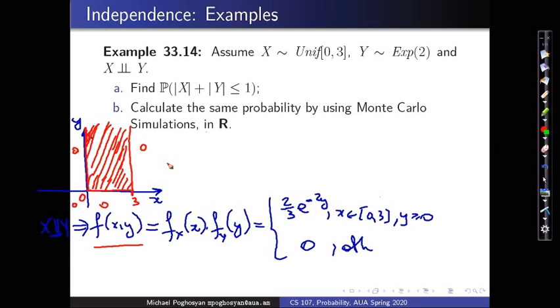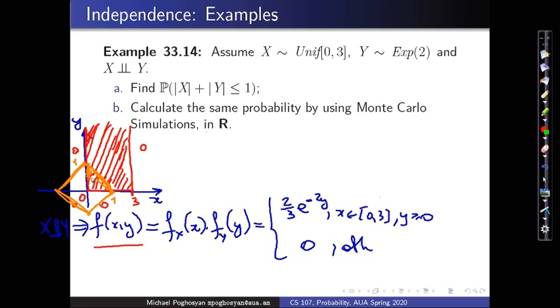Now we are asked to calculate the probability that absolute value of X plus absolute value of Y is less or equal than 1. That will be this kind of region. If we take 1 here, 1 here, it is a square with side square root of 2, in fact. But this is not important because we need to intersect with the support.